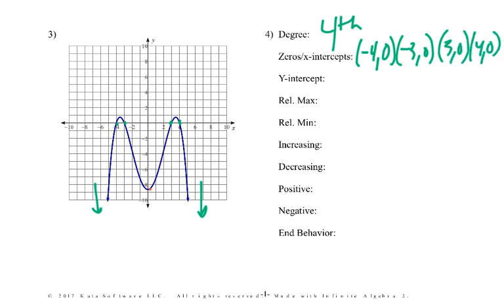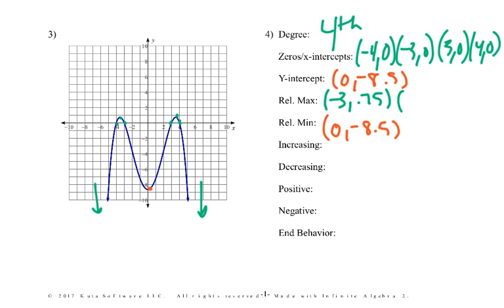Looks like our y-intercept is about (0, -8.5). Okay, which that is also our minimum, isn't it? Okay, so our maximums are kind of in between here. So about (-3, 0.75) and (3, 0.75).